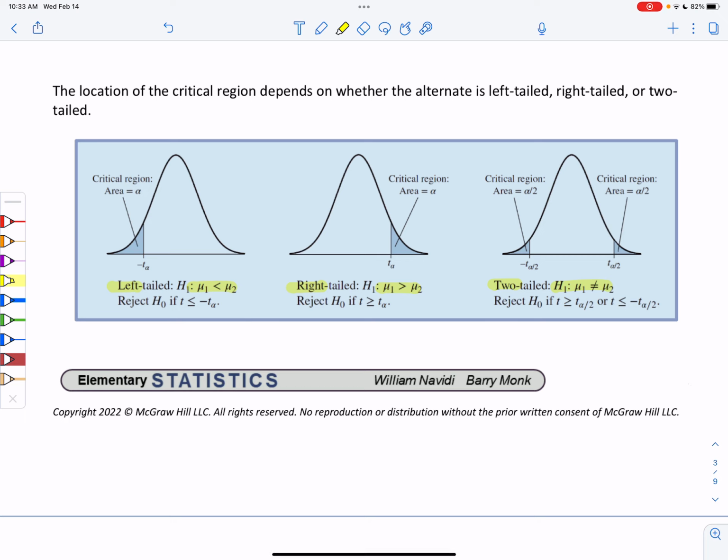For a left or a right-tailed test, you will just use the level of significance alpha as it's given. You just have to remember a left-tailed test has a negative critical value and a right-tailed test has a positive. But for a two-tailed test, you have to remember to divide the area by 2.